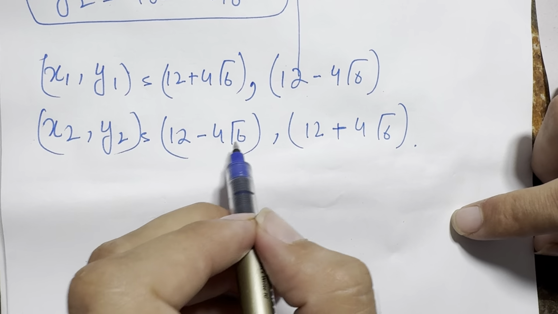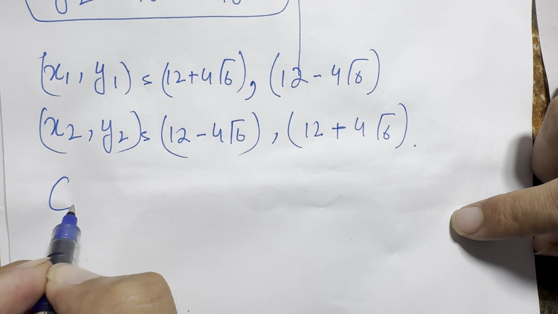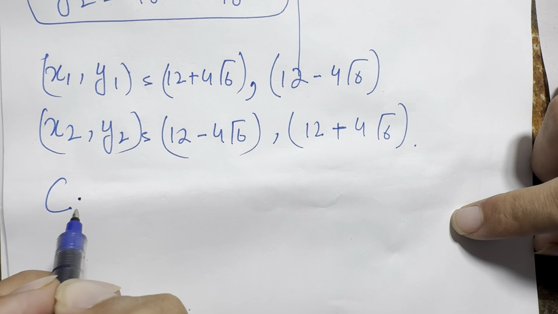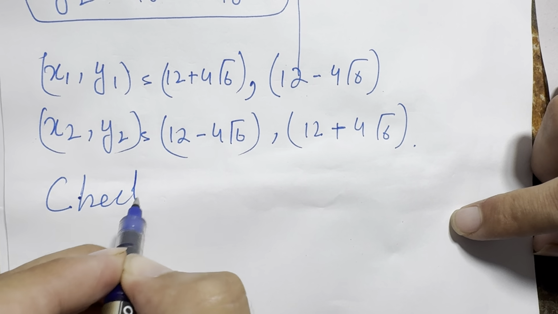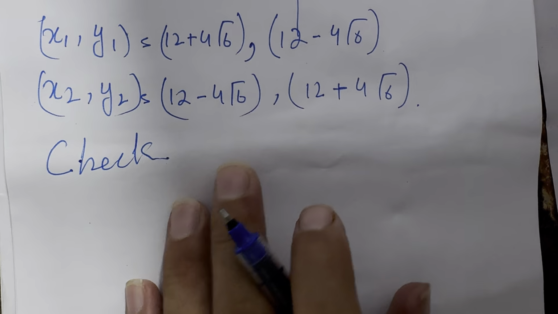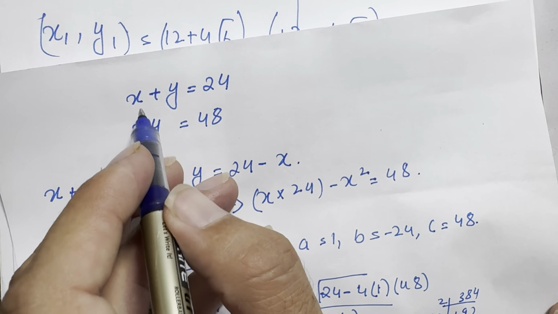Okay, let me cross check whether my answer is right or not. So I will apply a check. My first equation was x plus y equal to 24.